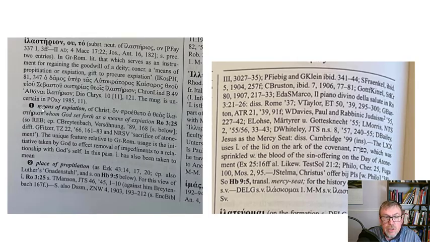You can see that they give the first definition as the means of expiation, and they assign that to Romans 3:25. And then the place of propitiation, they give that to Hebrews 9:5. All of these abbreviations here are references to why they say that that's the semantic range. It's their justification, the evidence of why they believe that.